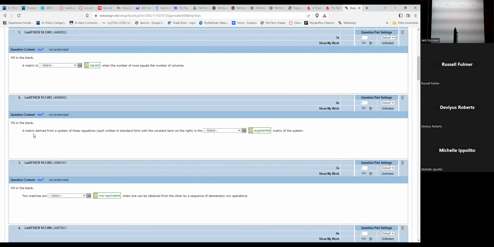Ready? A matrix derived from a system of linear equations, which is what we did last time. So if you have a system and you change that system of equations into a matrix, you put the constants on the right side, with a little dashed line over here.